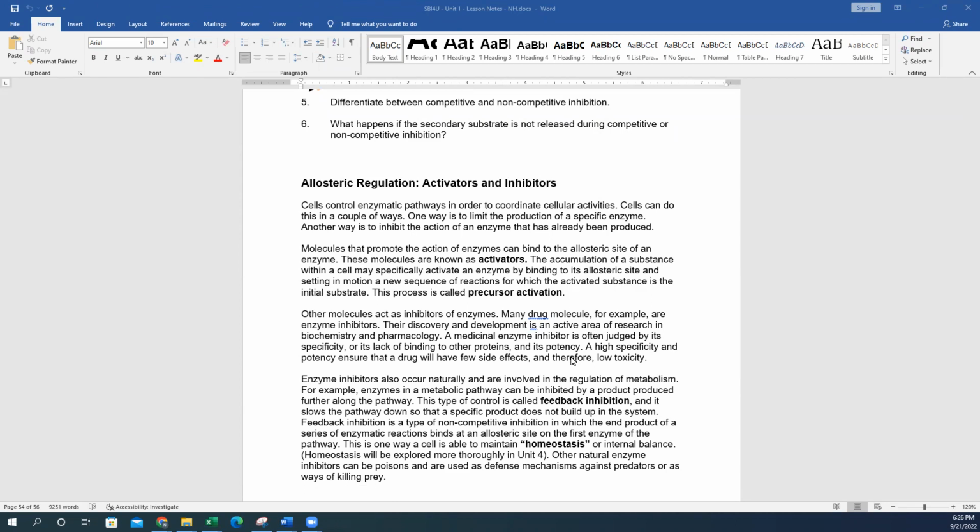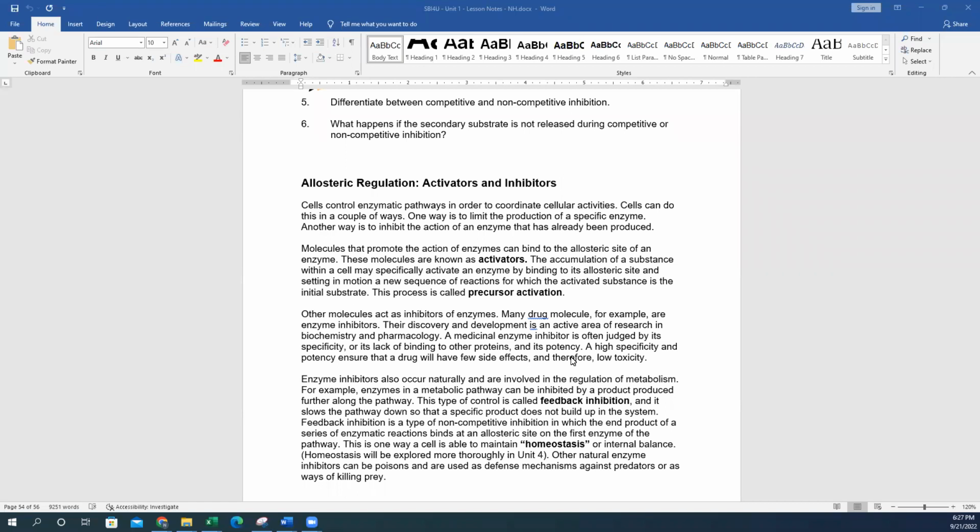enzyme inhibition is a way for the regulation of cell metabolism. For example, you have enzymes in a metabolic pathway that can be inhibited by the product that is produced further along the pathway, further downstream of the pathway.